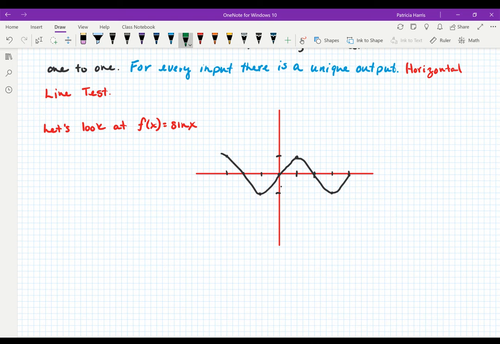So in order to ensure that whatever inverse I come up with is an actual function in and of itself, what we do is we restrict the function to force it to be 1-to-1.